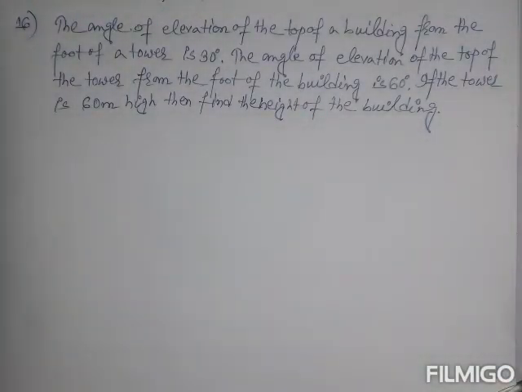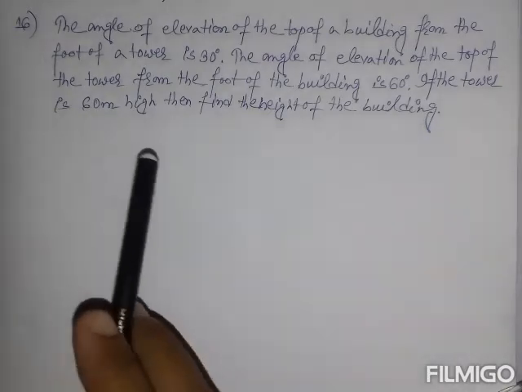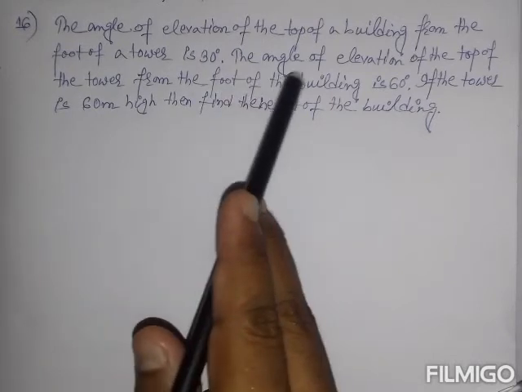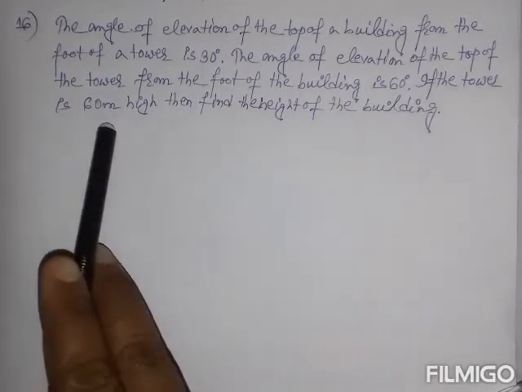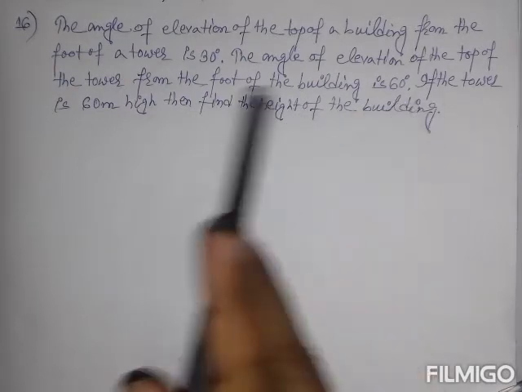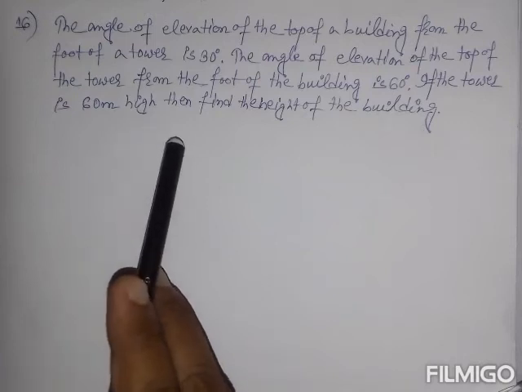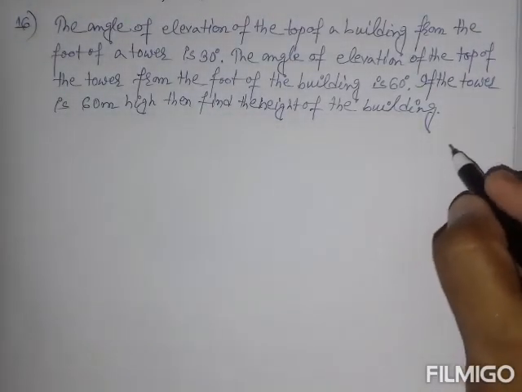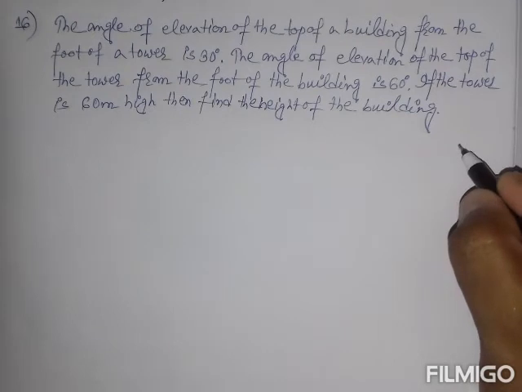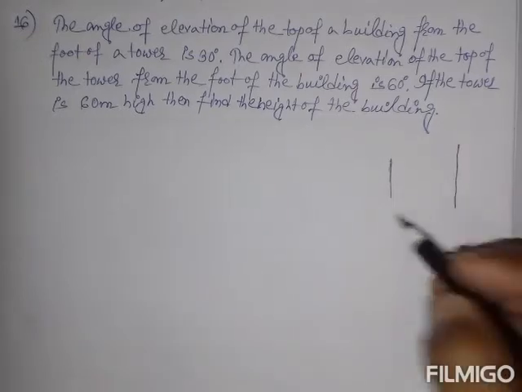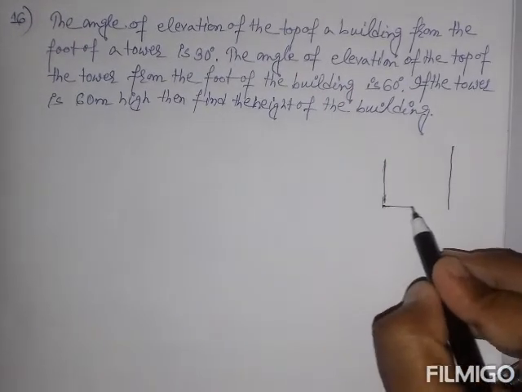Now number 16. The angle of elevation of the top of the building from the top of a tower is 30 degree. The angle of elevation of the top of the tower from the foot of the building is 60 degree. If the tower is 60 meter high, find the height of the building. Say, this is the tower and this is the building.